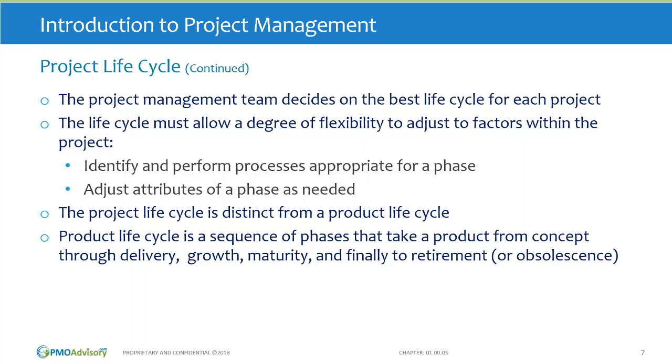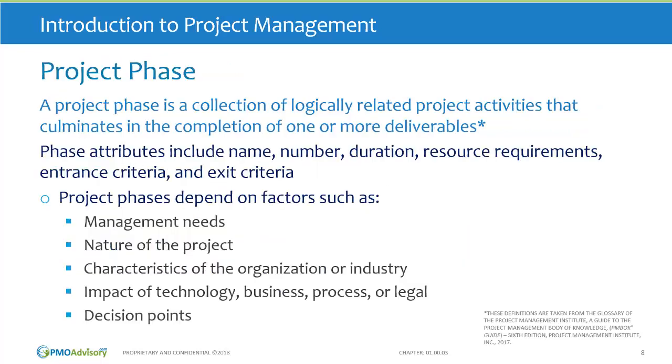A project could take place at any point in the product life cycle. So what is a project phase? A project phase is a collection of logically related project activities that culminates in the completion of one or more deliverables.